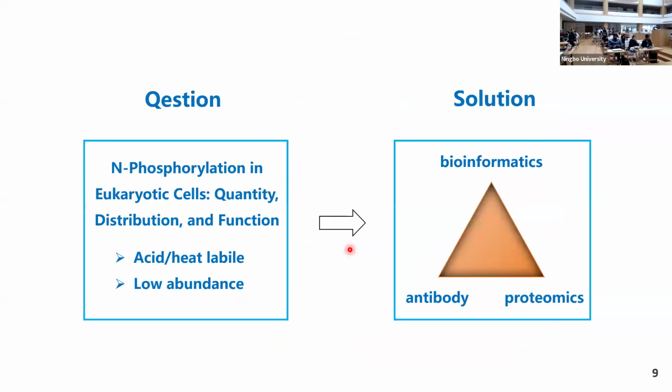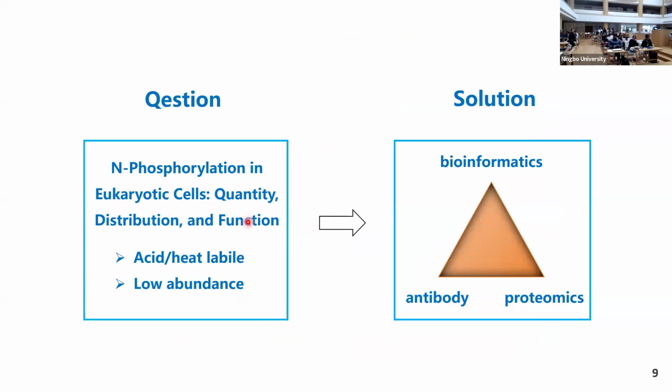So the first question we faced at that time when I was a PhD candidate in Professor Zhao's lab is, does nitrogen phosphorylation really exist in a life system, especially eukaryotic cells?